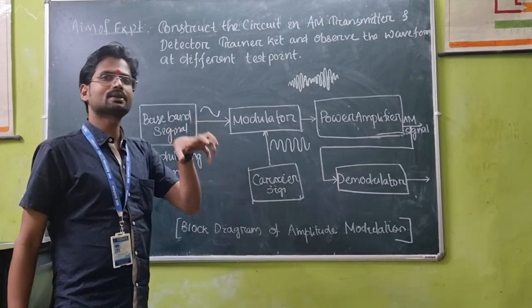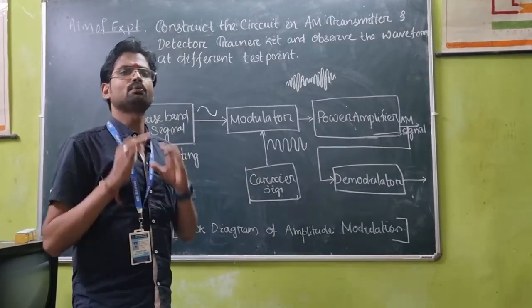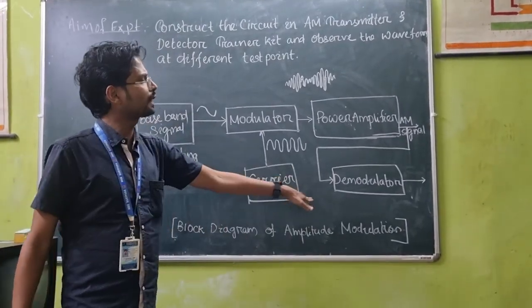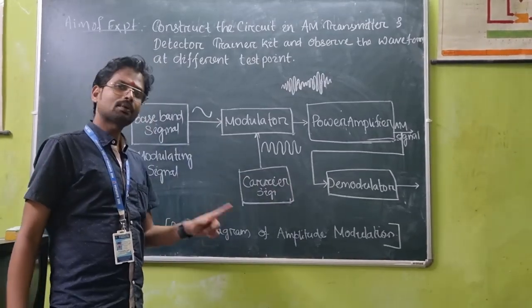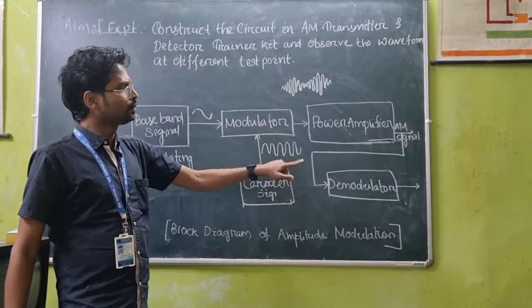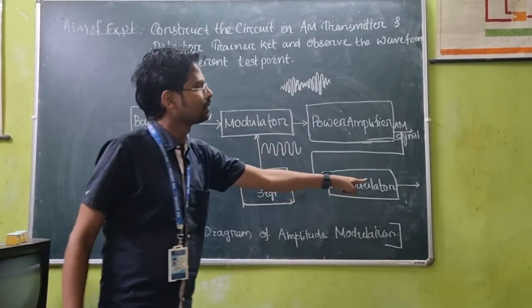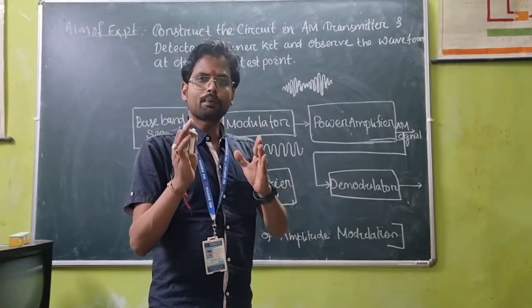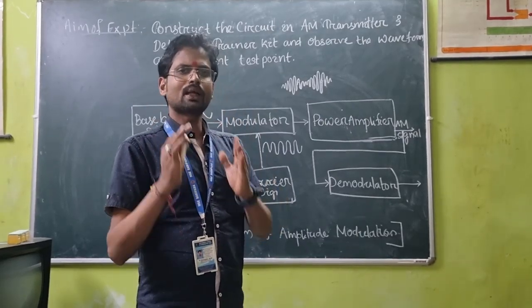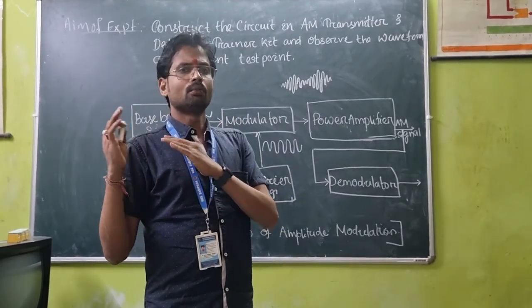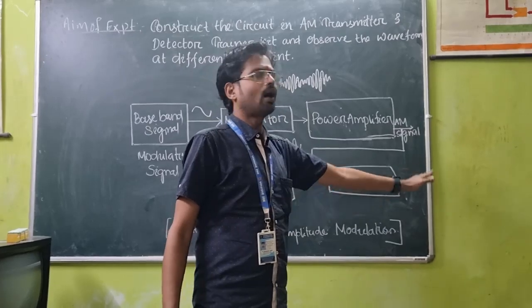And the electronic circuit which performs the demodulation process is known as the demodulator. That means in the demodulator we give the AM signal as input and we get the information signal, baseband signal or modulating signal as the output.